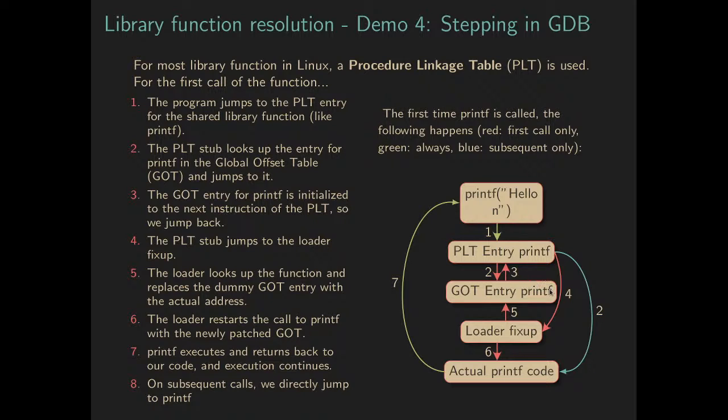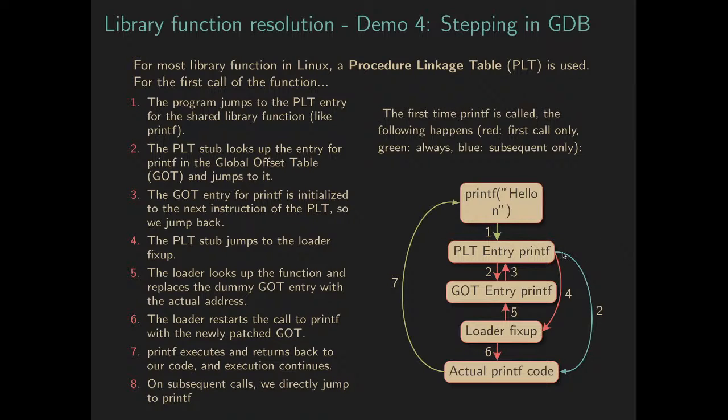But at this point, it actually points back to the PLT entry, which means it will then jump forward to this loader fix-up code, which will do the actual resolution of the printf function, then call printf, and then exit. That way, the second time printf is called, it'll just go to the PLT entry and then jump directly to printf.